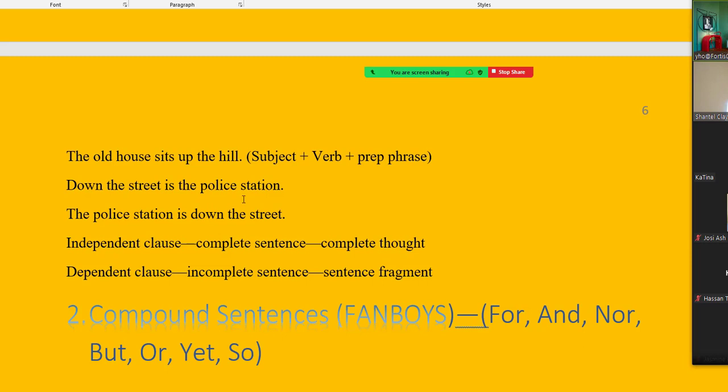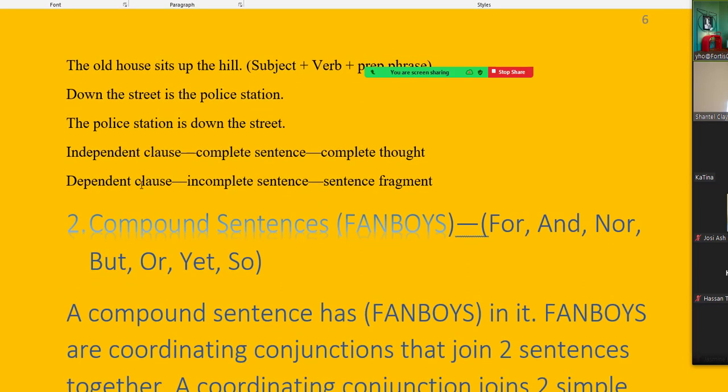Therefore, the police station is a singular subject, so it takes a singular verb, is. So the police station is down the street. That's subject-verb agreement. When you have a simple sentence, that's known as an independent clause. It's a complete sentence, a complete thought. And when you have a dependent clause, that's an incomplete sentence, and that's also a sentence fragment.